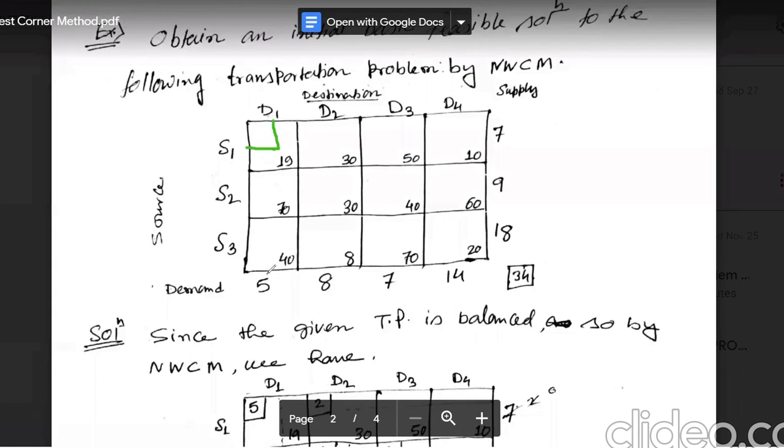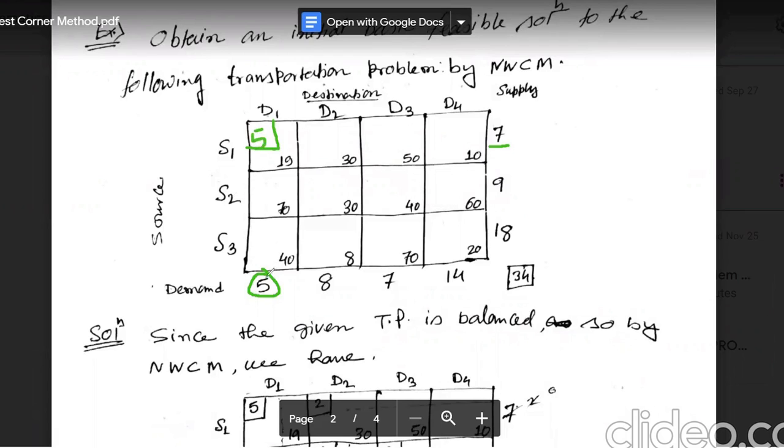The demand is 5, and from the source S1, because it's the first row, it can supply 7 units. Between 5 and 7, which one is the minimum? 5 is the minimum. So allocate 5 here.